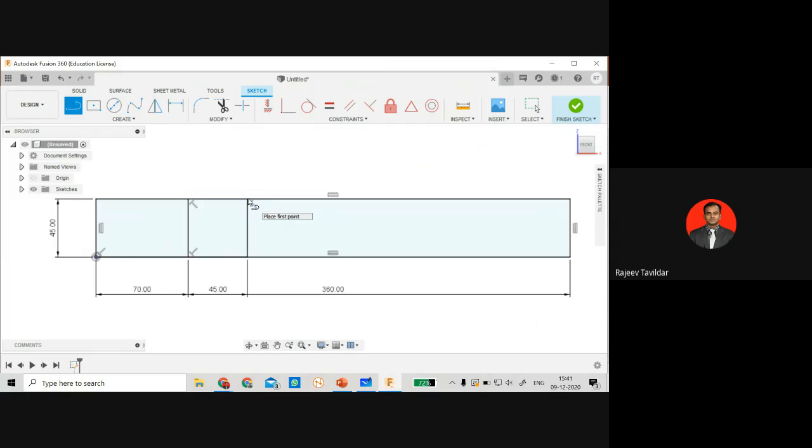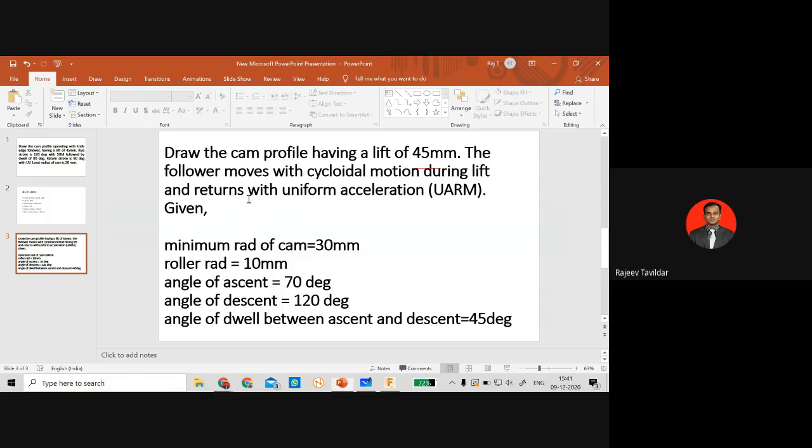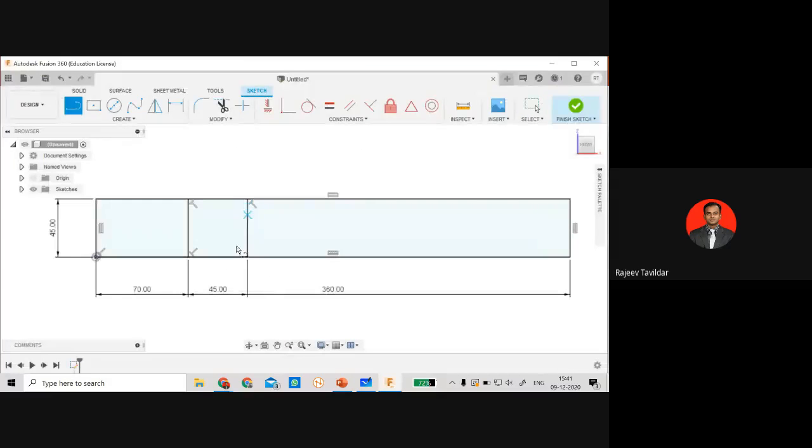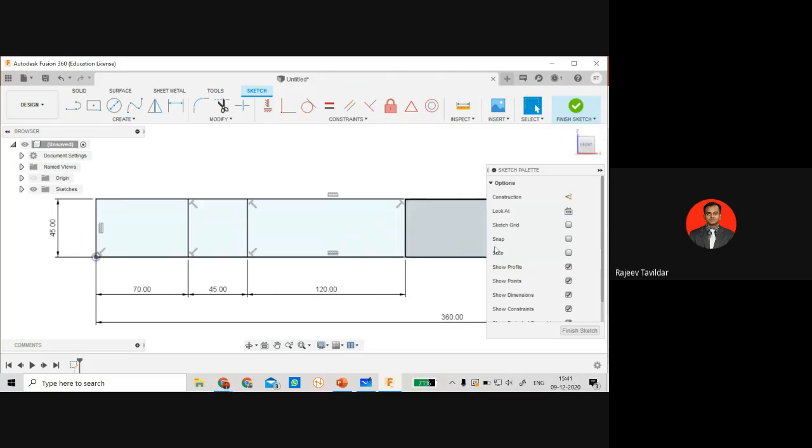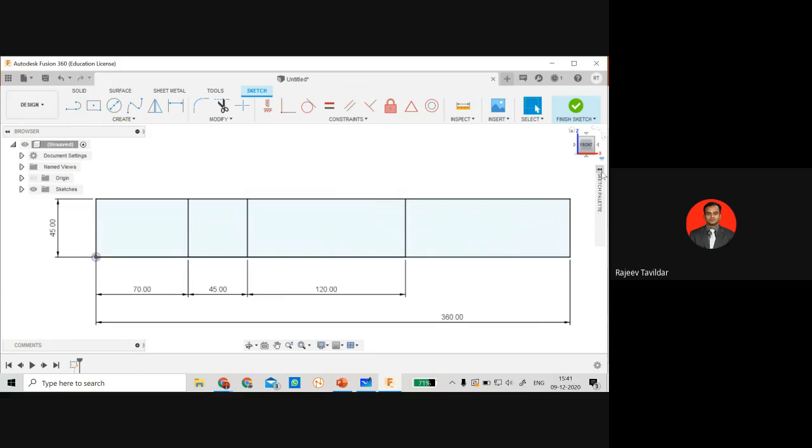Then we have a return stroke of 120 degrees. All these things should be common for all the problems.